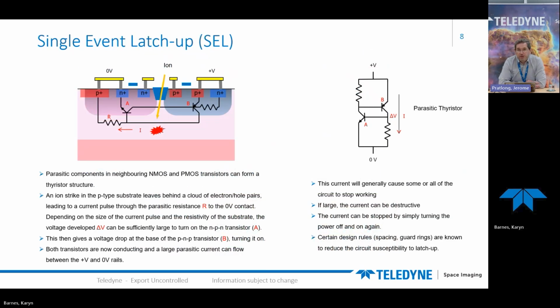The single event latch-up is the fact that a charge generated inside the silicon will trigger a thyristor network formed between an N-type transistor and a P-type transistor.